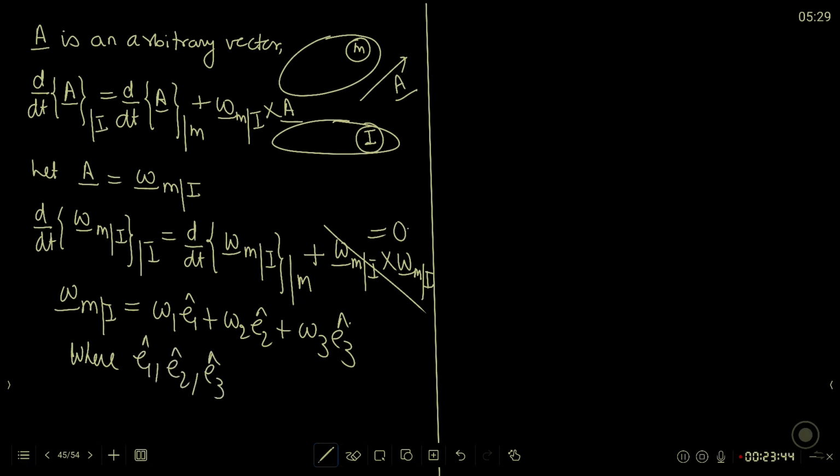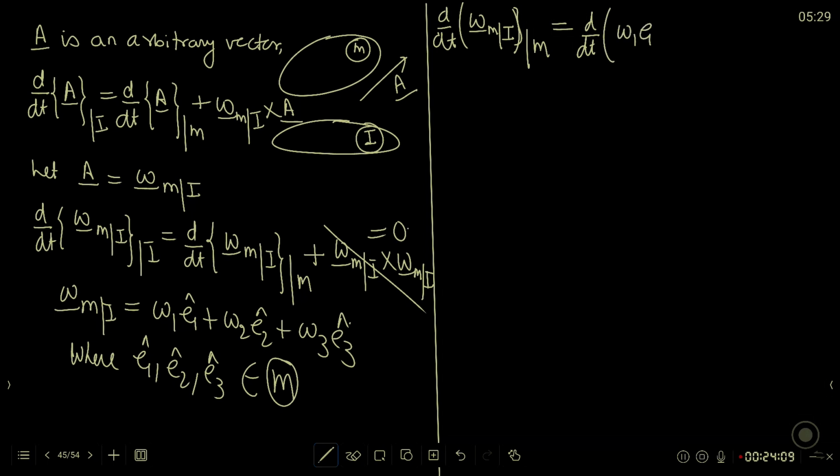It means that d by dt of omega mi with respect to m will be what? I will differentiate the right hand side with respect to m.